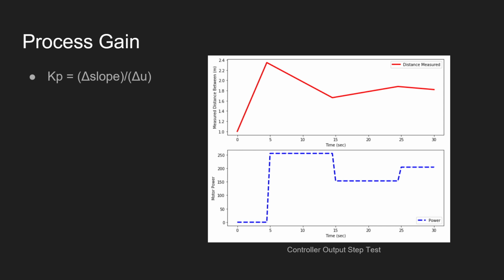We take our final slope, after the step, minus the slope before our step, divided by the change in our power input. And with that, it came out to about negative 1/1000th, because it's a direct acting system. As we increase our motor input, you can see that our distance decreases, making it a direct acting system.